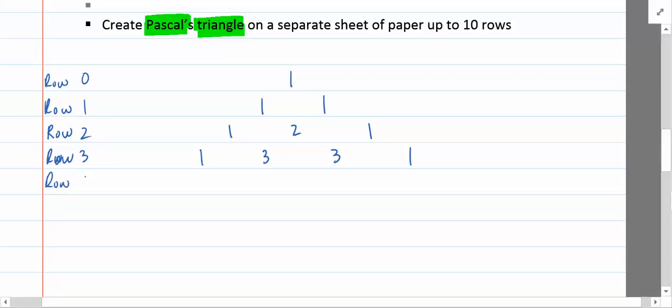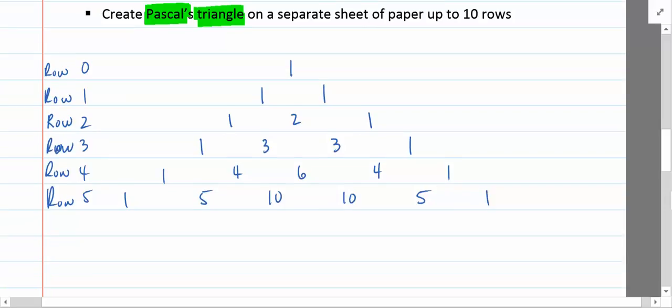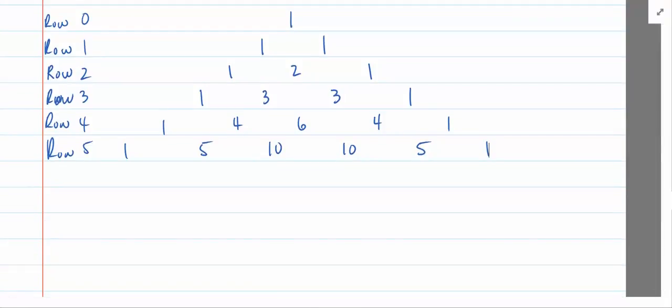Row 4 is going to be 1, 4, 6, 4, 1. And we saw that row 5 was 1, 5, 10, 10, 5, and 1. Can you tell what's forming the rest of this triangle? How are we going from row to row?